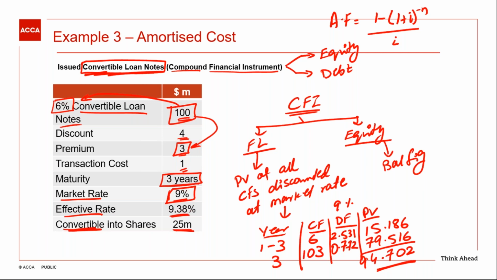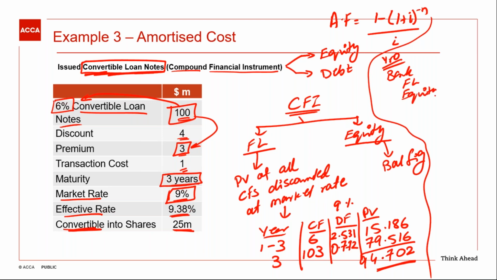So now if I make the entry for year 0, and I am left with very little space. In year 0, my entry is going to be bank debit, financial liability, and the equity credit. By what amount? Bank debit by 96, 100 minus 4, because we have given the discount.